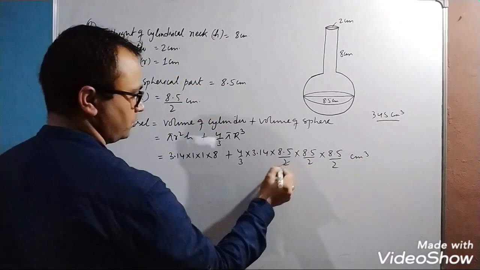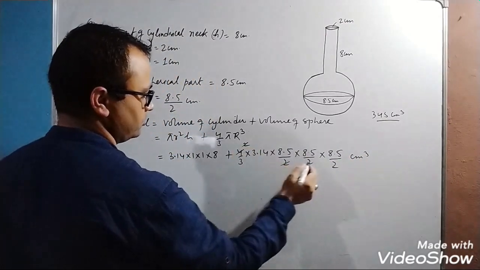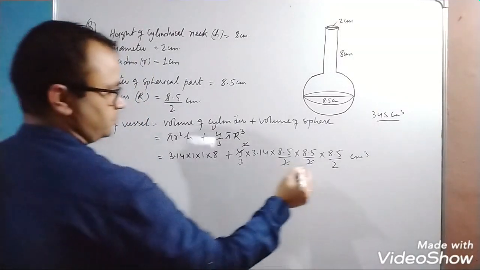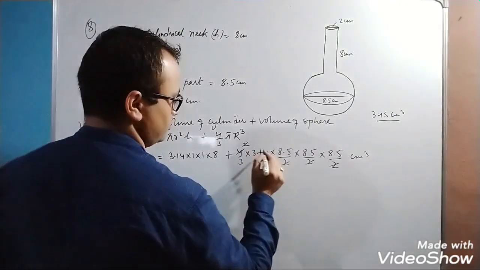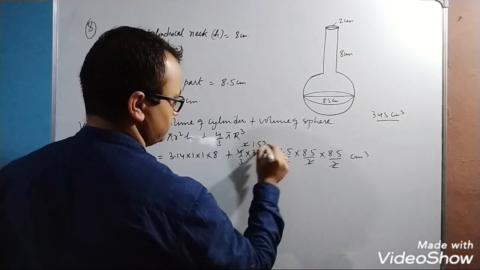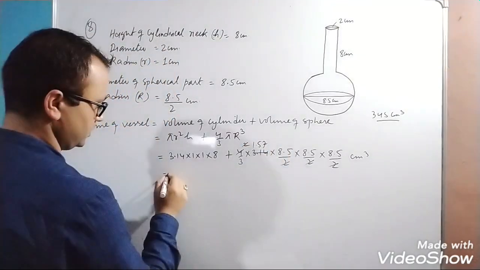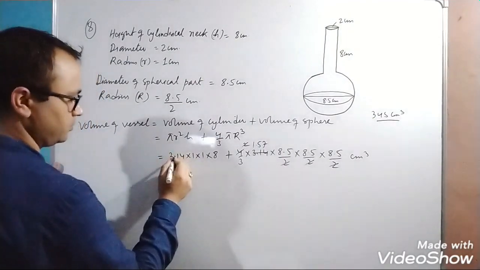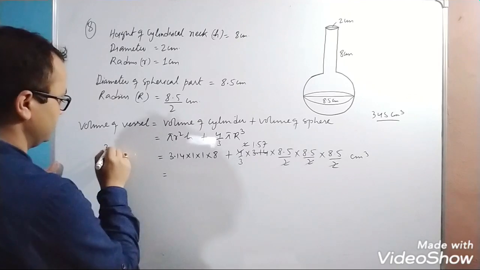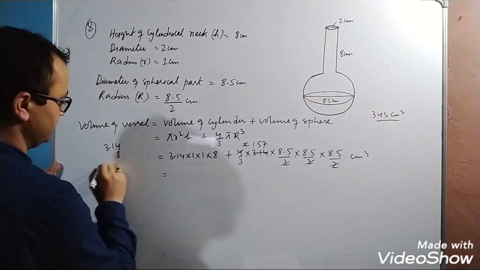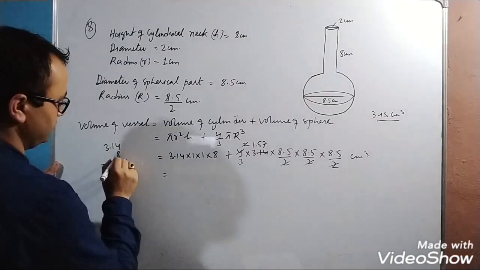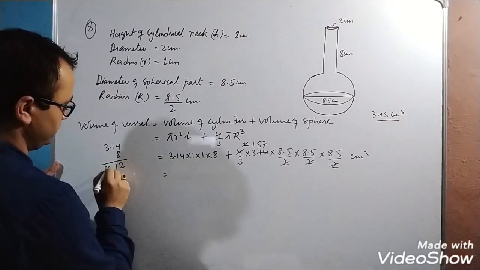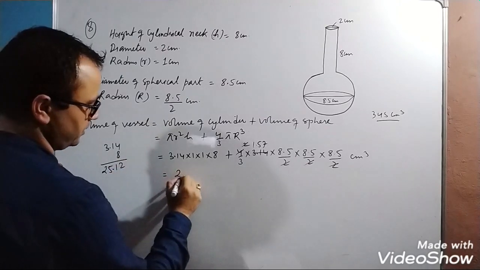Now we can cut the 2s, and 2 into 2 is 4, giving 1.57. So this equals 3.14 into 8 plus 3.14 into 1, which is 3.14. 3.14 into 8 is 25.12.